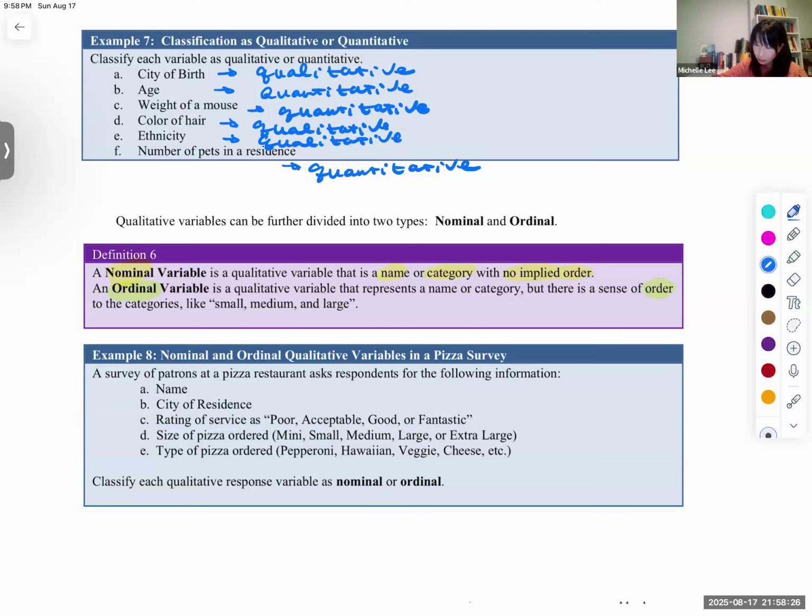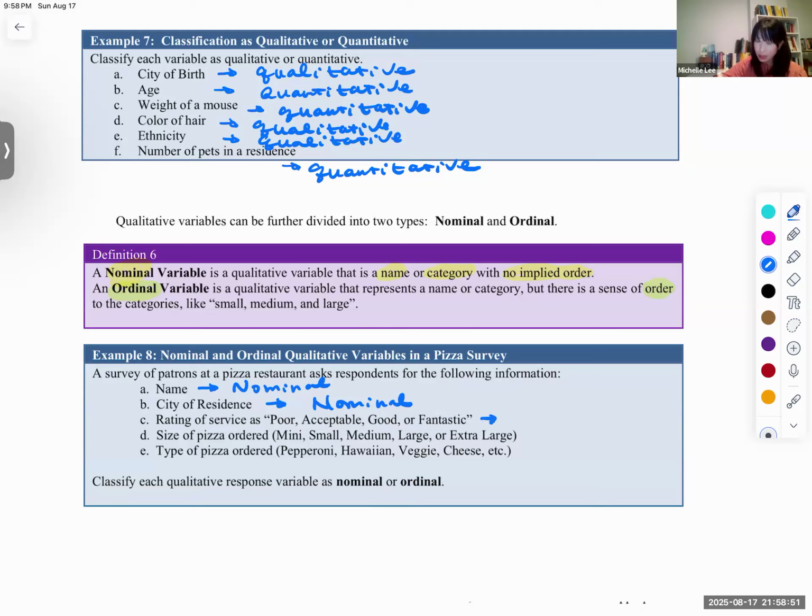Let's do it. Name, obviously nominal, right? City of residence, name, nominal. Rating of service as poor, acceptable, good, or fantastic. So that is order, right?